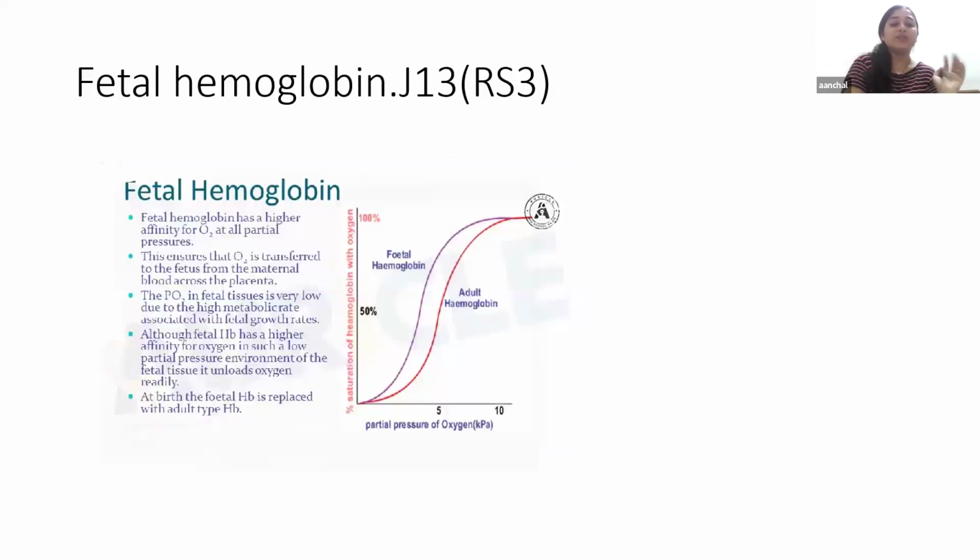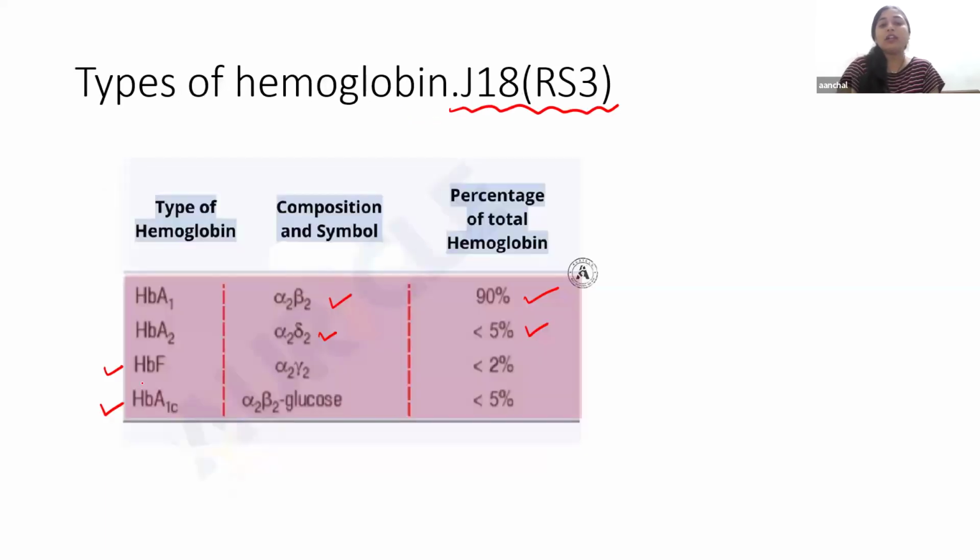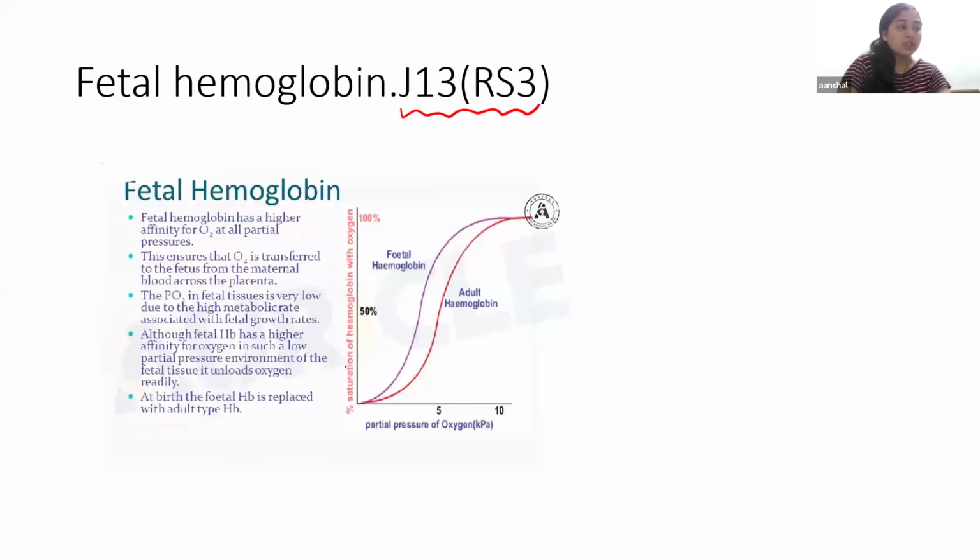Okay. The next we have the fetal hemoglobin. This question is also important because it has already been asked in various university exams. So we're going to understand the fetal hemoglobin. So already we have talked about fetal hemoglobin, that in fetal hemoglobin, the alpha 2 and gamma 2 chains are present. Okay. So its structure is same as that of hemoglobin adult, HbA, except that beta chains are replaced by gamma chains.